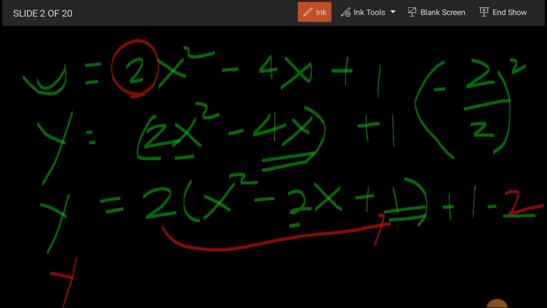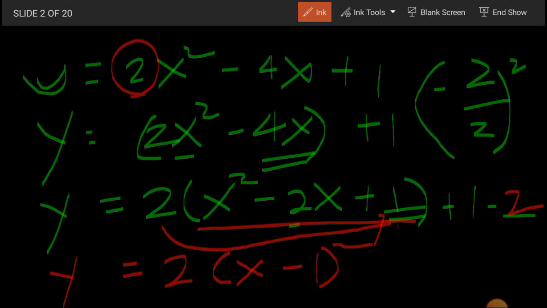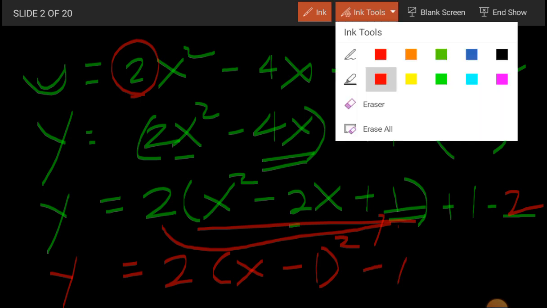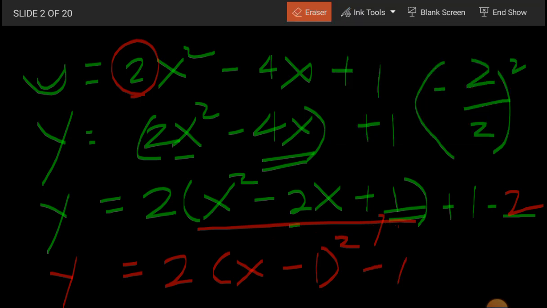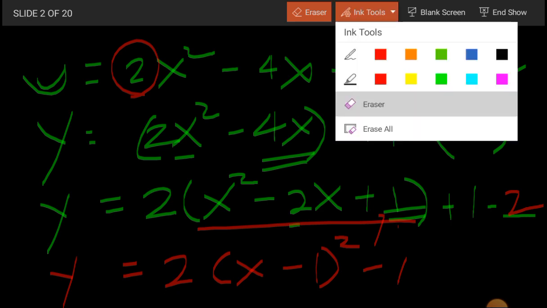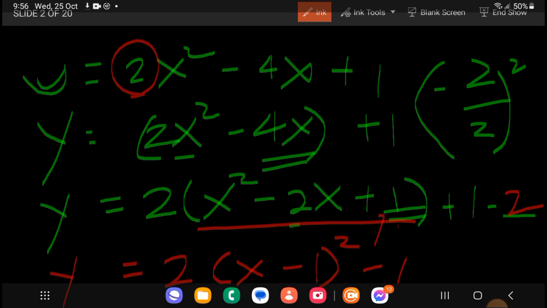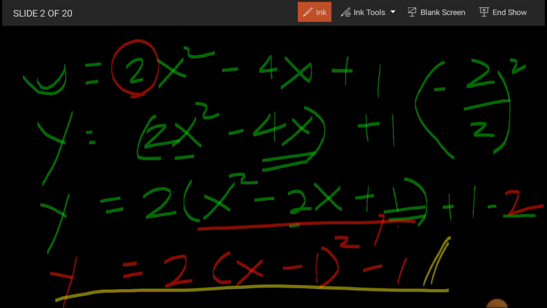Now we have y is equal to, since nabuo na natin yung perfect square trinomial, then bubuo tayo ngayon ng square of binomial na x minus 1 ang katumbas ng perfect square trinomial natin. x minus 1 quantity squared. Okay, then for the constant term, we have 1 minus 2, that's negative 1. So ito na yung katumbas na general form or vertex form ng general form natin kanina.